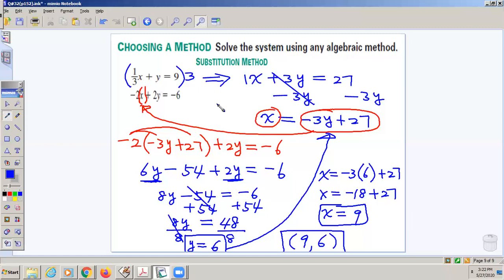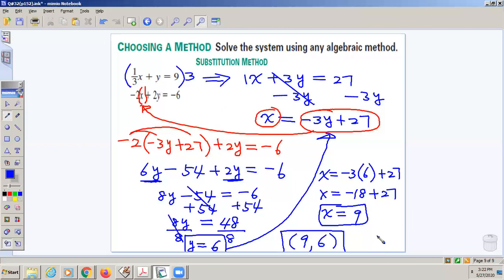The solution is always where the different graphs, whether it's a line or a parabola or any other shape, intersect. So that's what the solution means. In this case, they will intersect at 9,6. All right. So that's how you solve systems of linear equations using either the combination or substitution method.